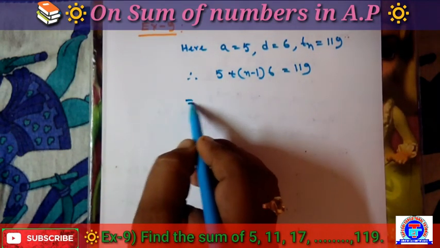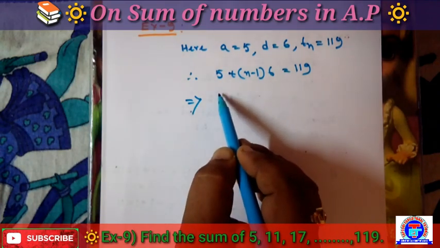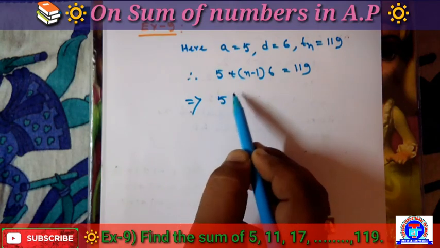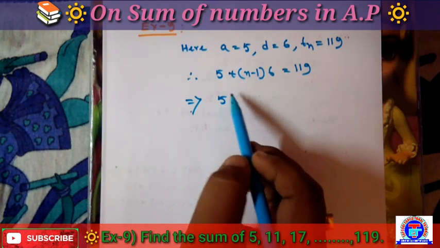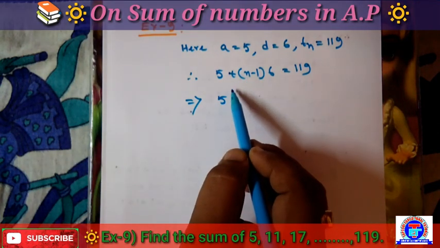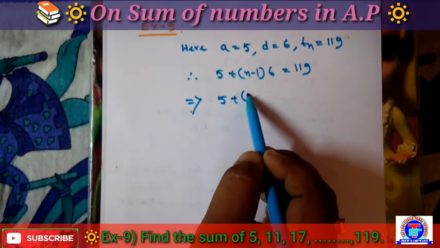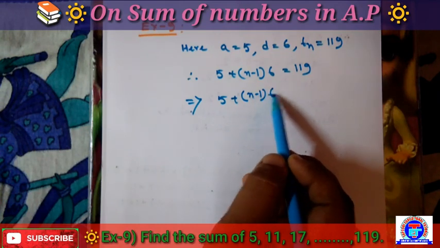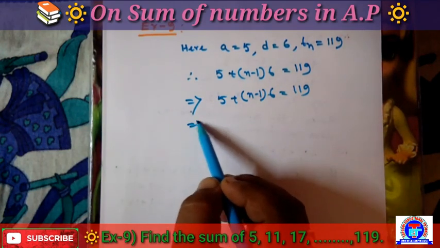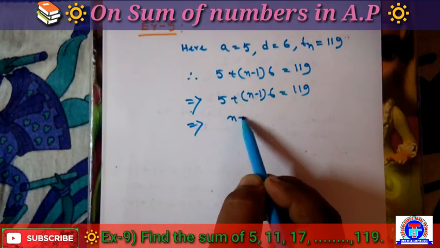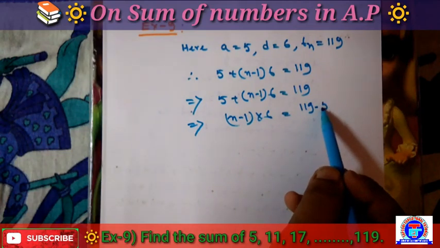Okay, so implies that here this 5 and this 5, it will become n minus 1 into 6 is equal to 119. Okay, so now this one became n minus 1 into 6 is equal to 119 minus 5.